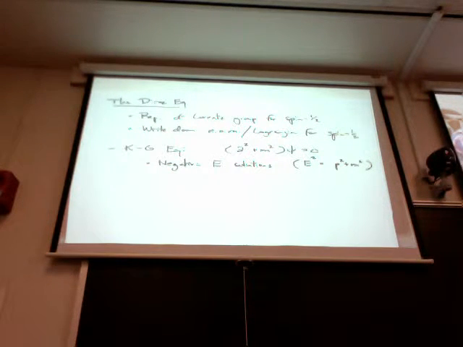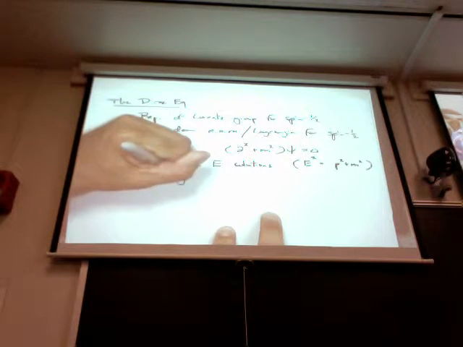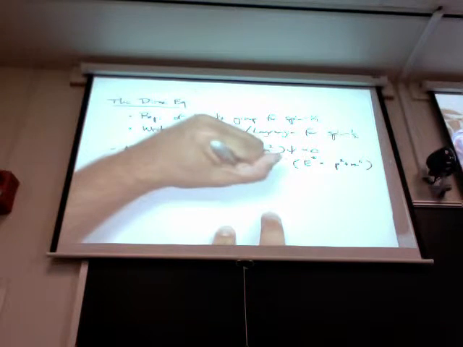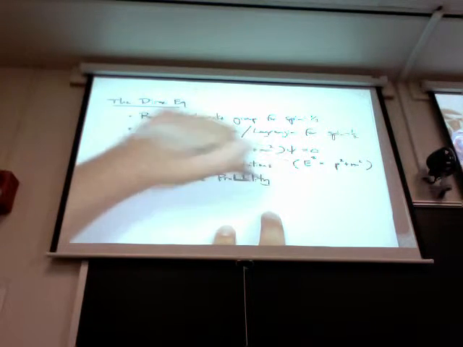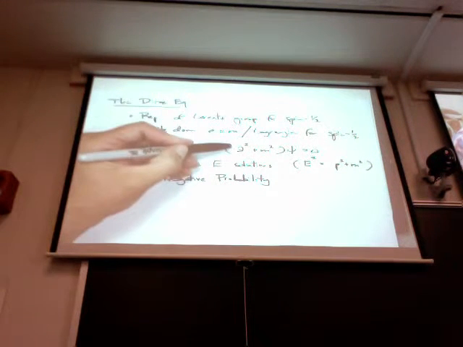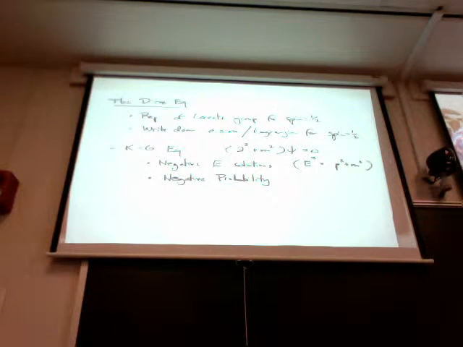Okay? And the other problem that you ran into, which was even a bigger problem, was negative probability. Right? And that just came from the fact that in deriving this equation, you promoted the time dependence from linear dependence to a quadratic dependence.